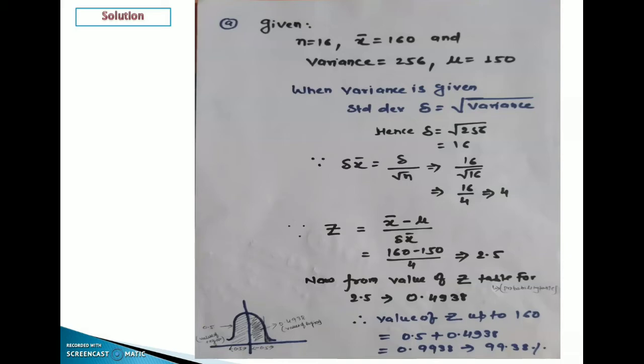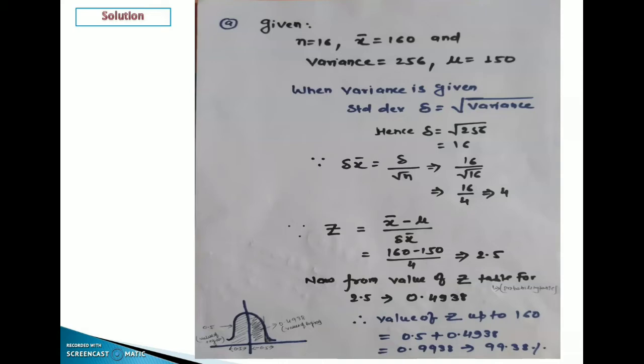Here a normal distribution is given, and in a normal distribution we know mean, mode and median are all equal. So if we divide it into equal parts, 0.5 and 0.5 will be the values, but here a little deviation is there, and that little deviation we find from the probability table of z for 2.5, that is 0.4938.